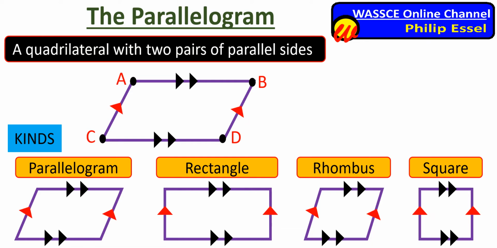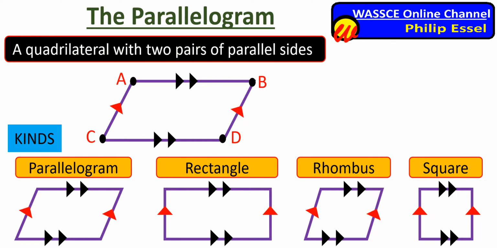It is also a kind of a parallelogram. A square is a quadrilateral, and it also has two pairs of parallel sides. So it is considered as a parallelogram. So these are the various kinds of parallelograms you can have. Once you have a quadrilateral, and the quadrilateral has two pairs of parallel sides, it is considered as a parallelogram. As simple as that.